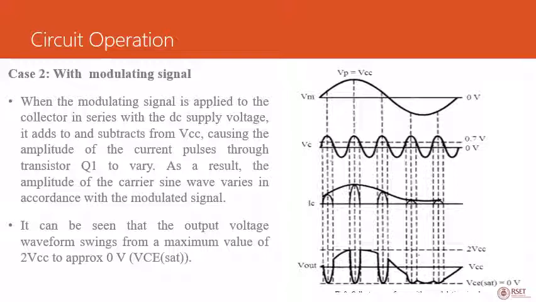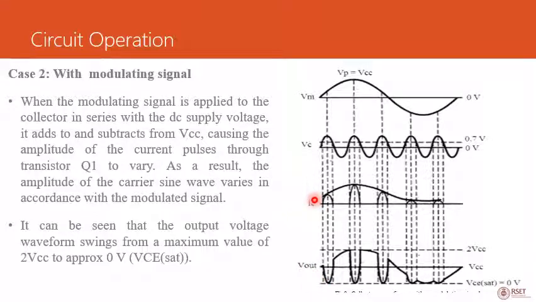And in case 2, you are giving the modulating signal. In this case, in the circuit, we are having two inputs, that is the modulating signal and the high frequency carrier signal. The transistor Q1 turns on if the amplitude of the carrier exceeds the barrier potential of the transistor. So there will be some IC. Because of that, there will be some output.